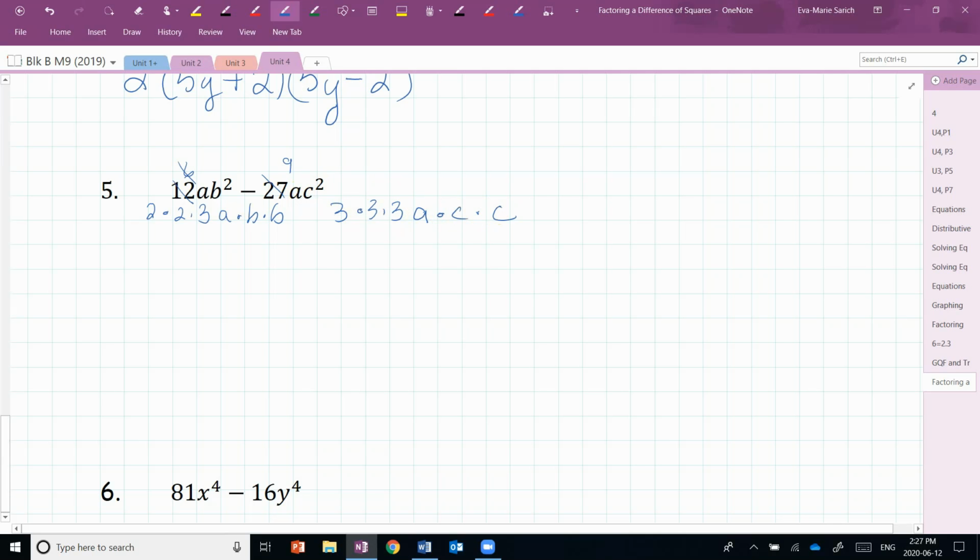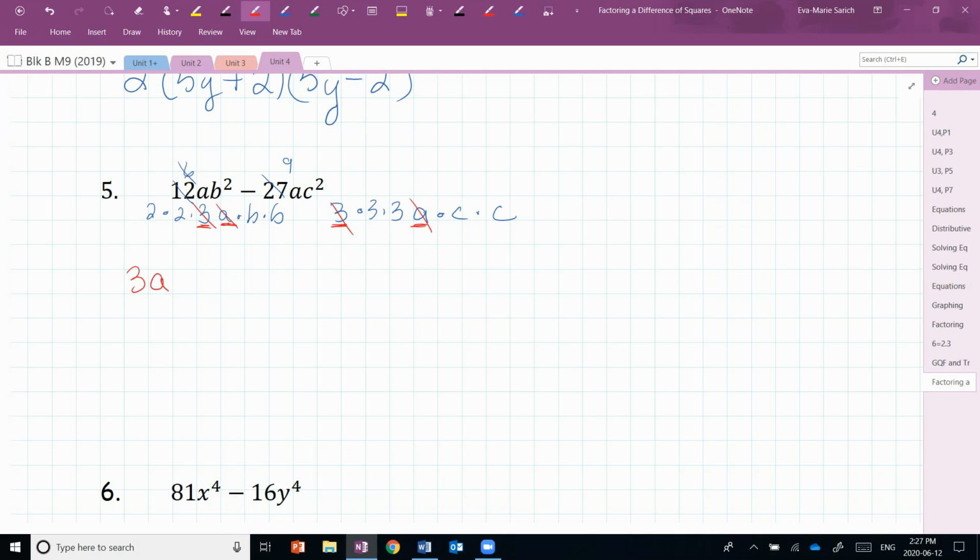So what's common? Okay, I see a 3 that is common in both, and I see an a that is common in both. So 3 and a can be taken out as the GCF. Now, what you're looking for is, in fact, things that are repeating twice. That tells you that you can take the square root.